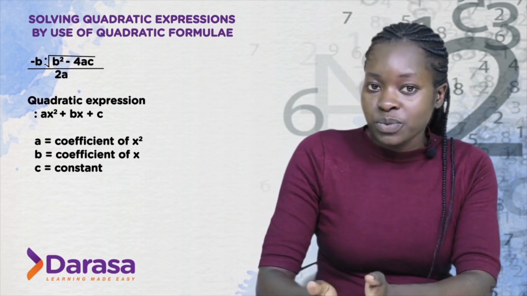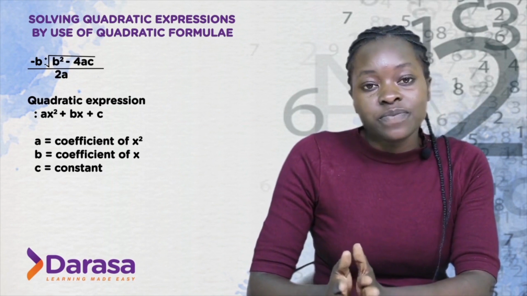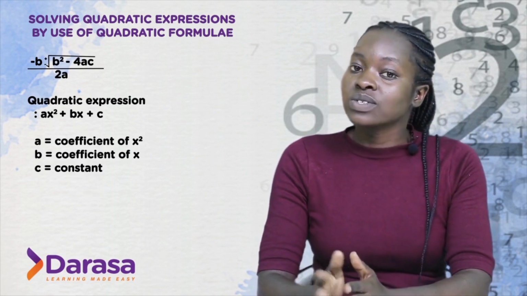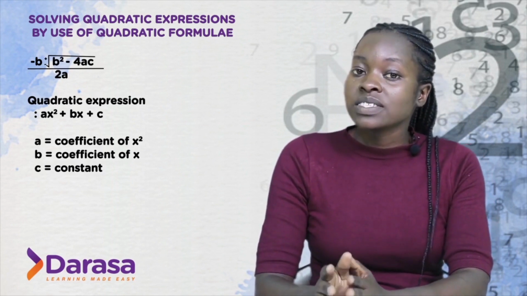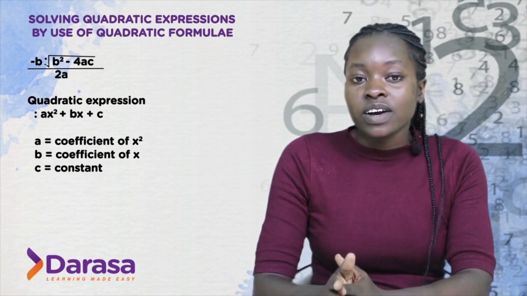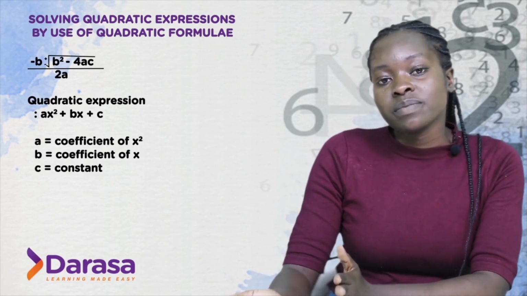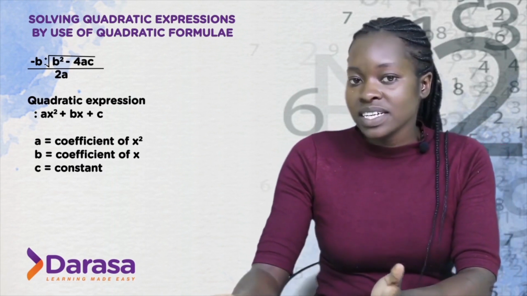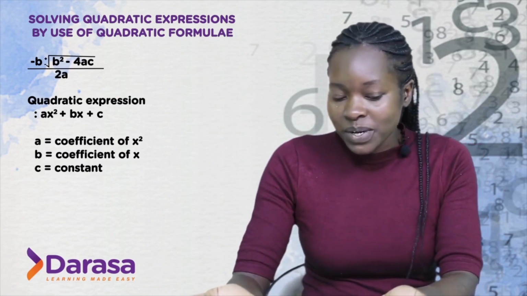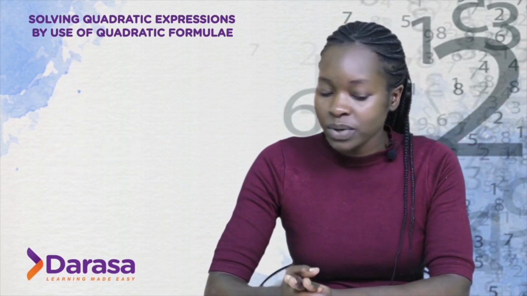So you write your formula, which is negative b plus or minus the square root of b squared minus 4ac all over 2a. So you'll just come and replace your a, b, and c. Very simple. Now let's look at an example.